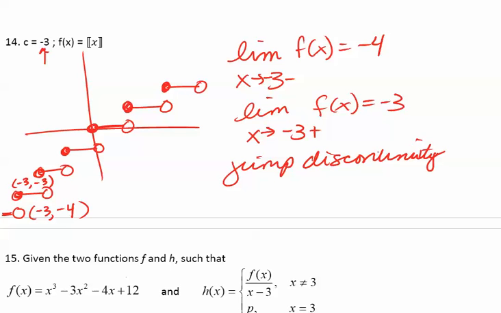And in fact, we could say that the greatest integer function is going to be continuous between every n right up to n plus 1.